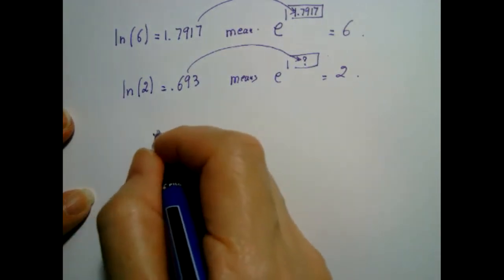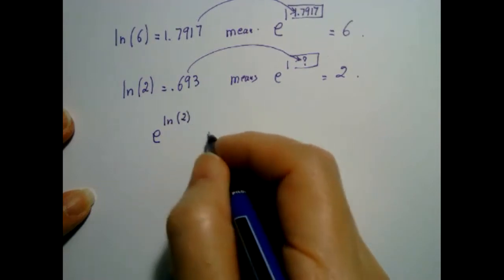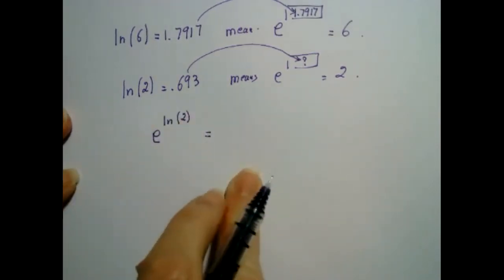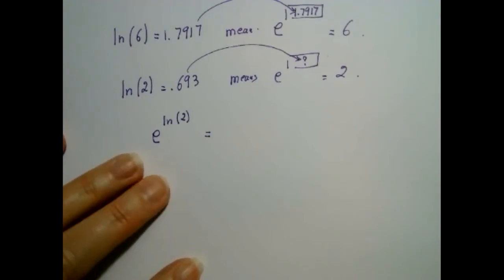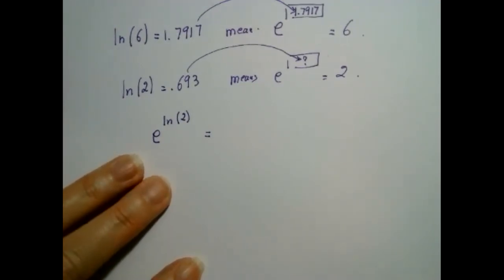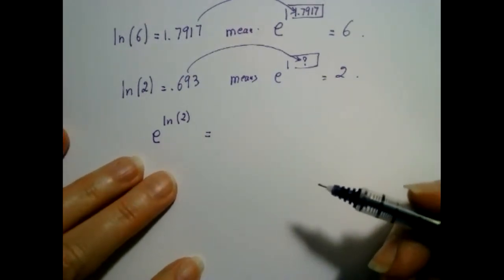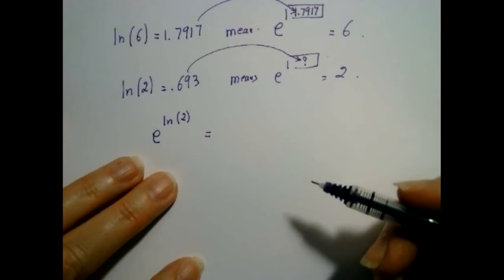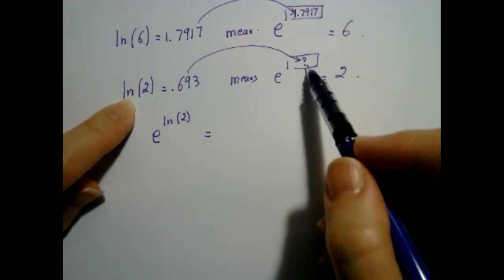So let me ask you another follow-up question. If I plug this into my calculator, what should I get? What's e to the ln of 2? Watch: what is ln of 2?